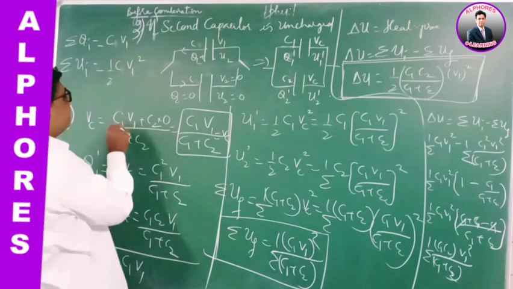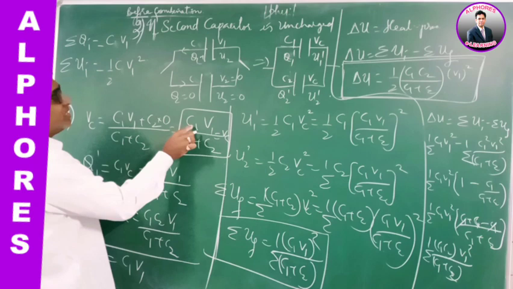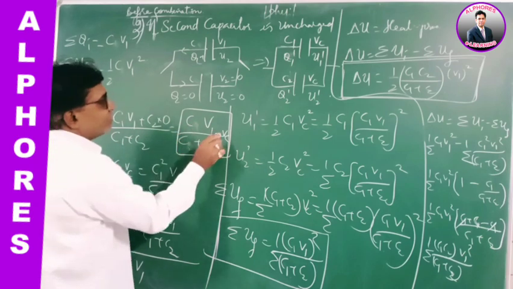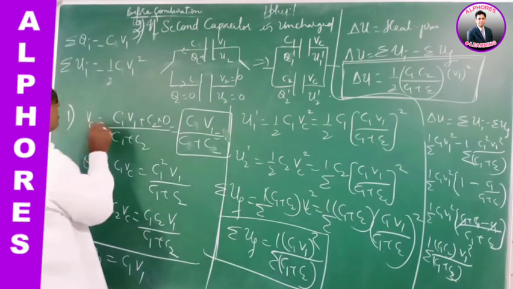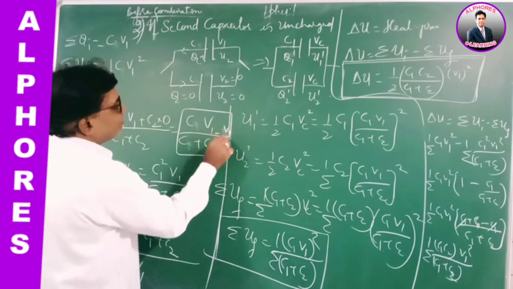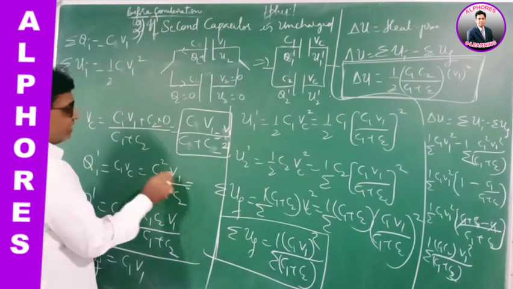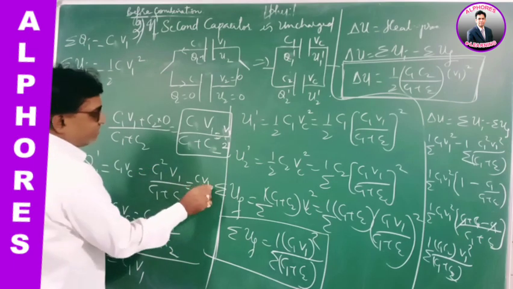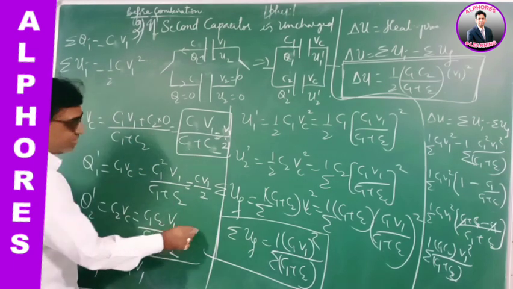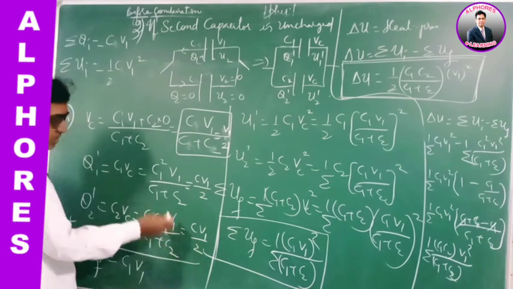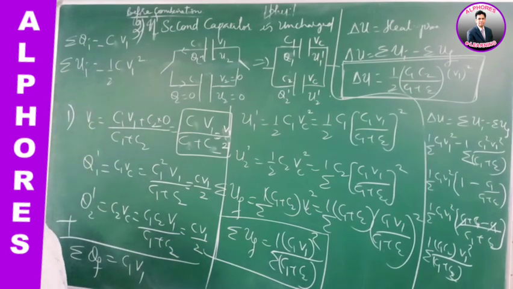Finally Vc is simply V1 by 2. Here also, CV1 by 2 you get, and this also CV1 by 2. Total will be CV1.